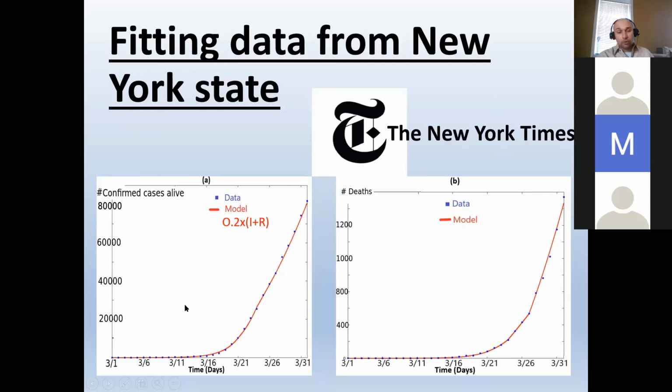The point was to fit first this quantity and then to fit the deaths, right? It's a natural thing because the K has much more impact on the model than the death rate, right? All right.